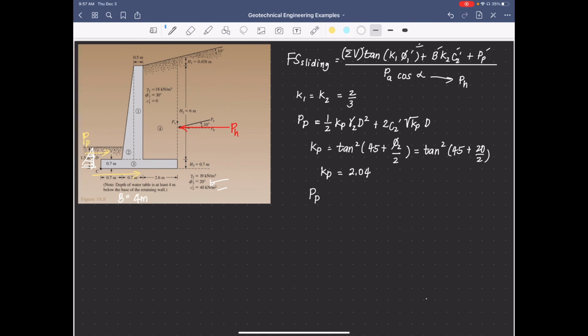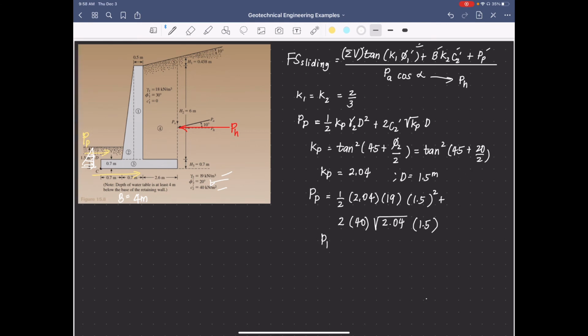So we can just solve now for P sub B. We have 1/2 of 2.04, the unit weight is 19, and here we have D, which is 1.5 meters, squared, plus 2 times C, which is 40, multiplied by the square root of K sub P of 2.04, multiplied by 1.5.